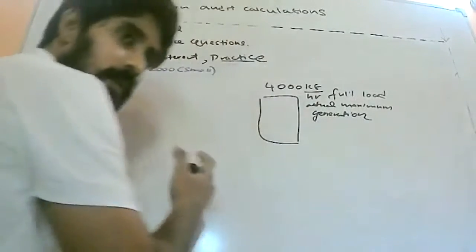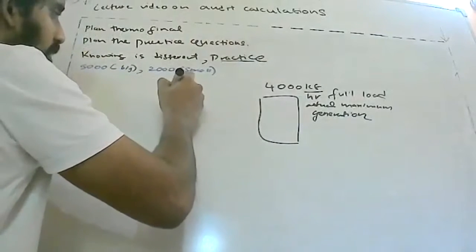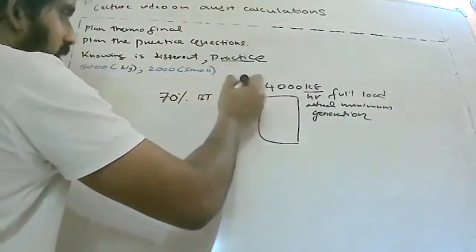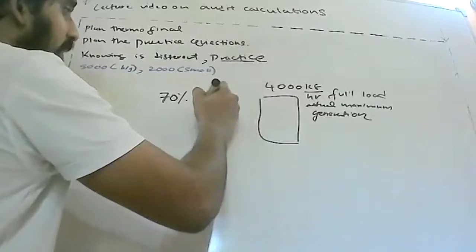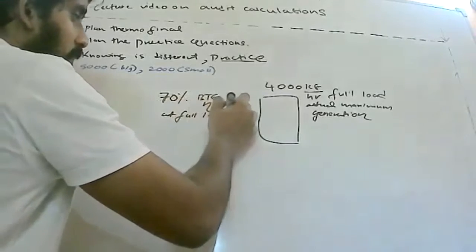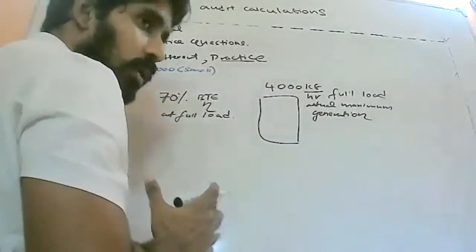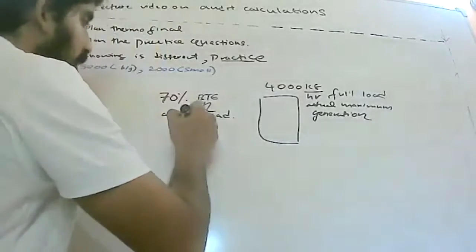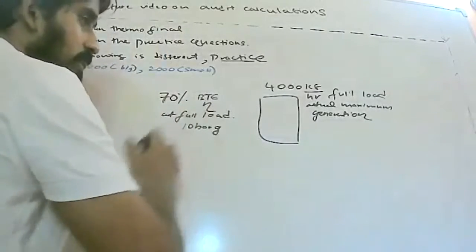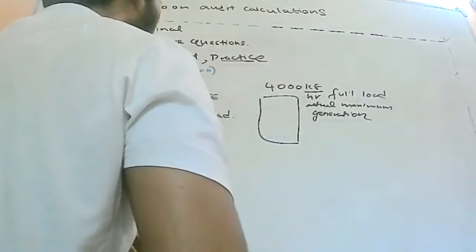So 70% boiler thermal efficiency, or you can say eta at full load, and also the boiler is operating at a pressure of 10 bar gauge, BARG.